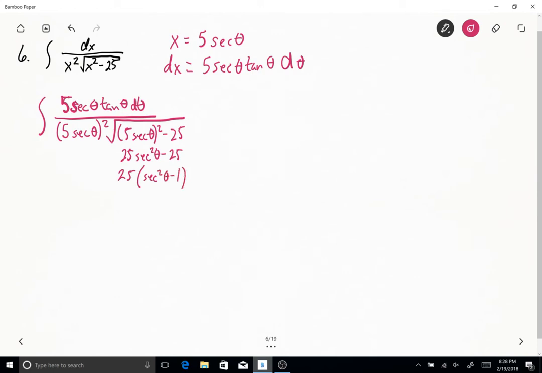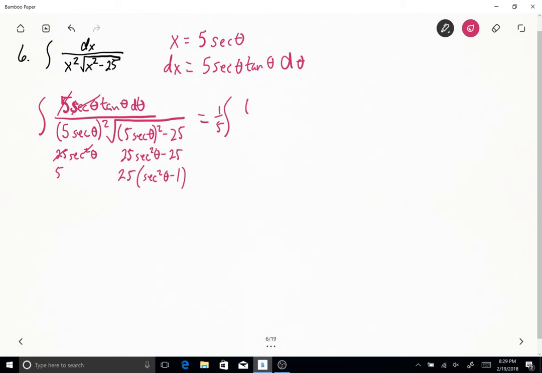So that means that this integral becomes, oh, notice we have a 5 squared, so that'll be 25 secant squared theta right here. So one of your secant squareds and your secant theta will cancel. And your 5 will cancel off with a 25, and we'll have a 5 down below, so I'll pull that 1/5 out in front.